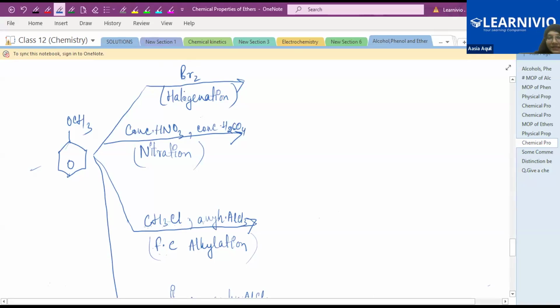So here, what is the electrophile? First we have to analyze which is the electrophile over here. The electrophile is Br plus. So this Br plus will get attached to the ortho and para positions. So you will get ortho plus para, OCH3 as it is. First, this bromine will get attached to the ortho position, plus your para bromo anisole, OCH3.